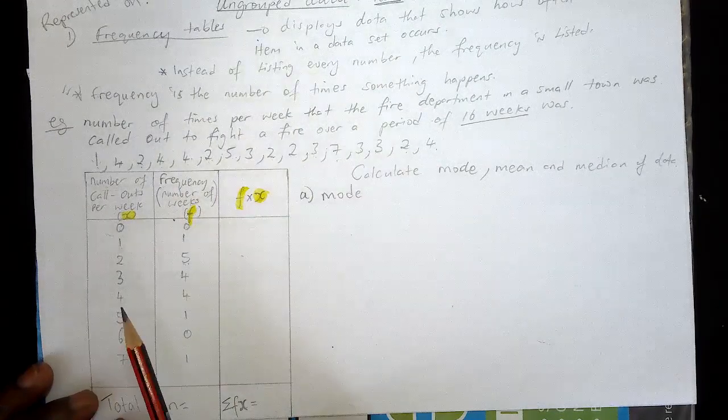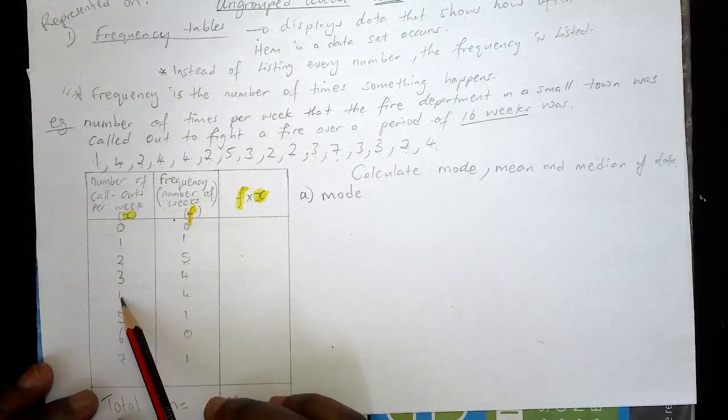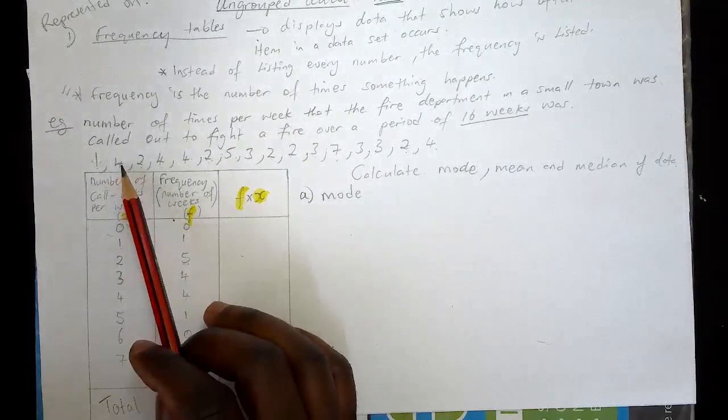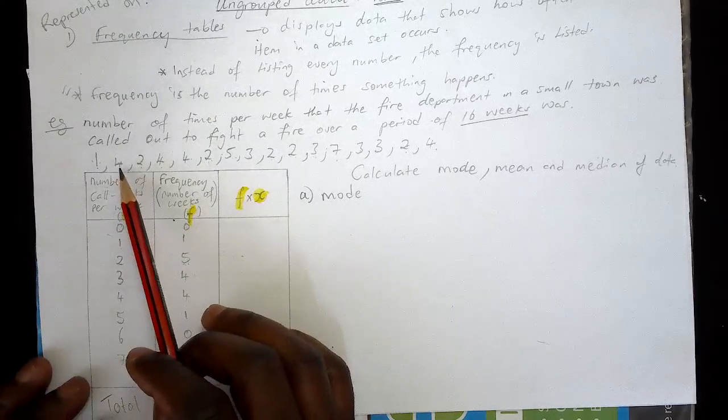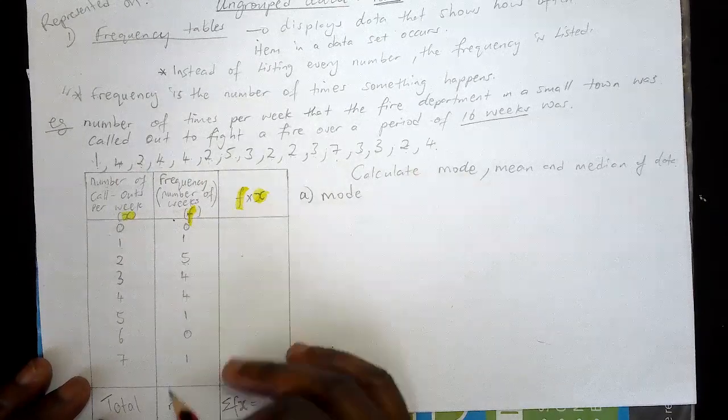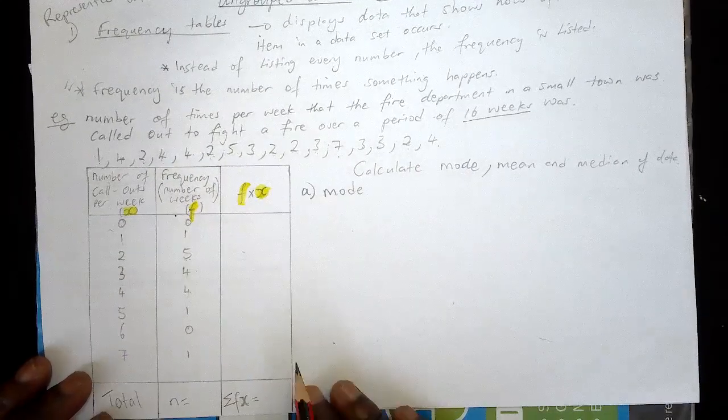So it was called 3 times in 4 weeks. Called 4 times, it was called 4 times a week. In how many weeks did that happen? 1, 2, 3, 4. So these are showing us what we call frequency. I hope you understand now.